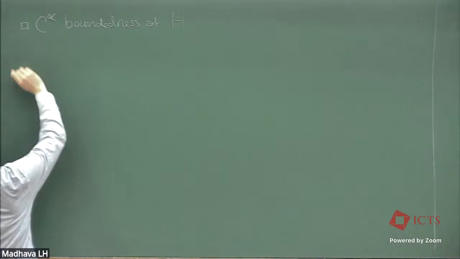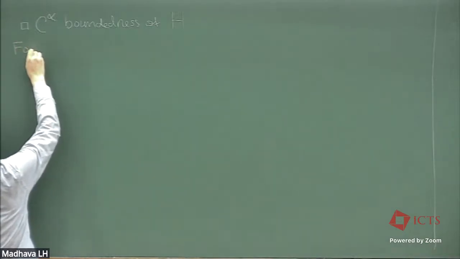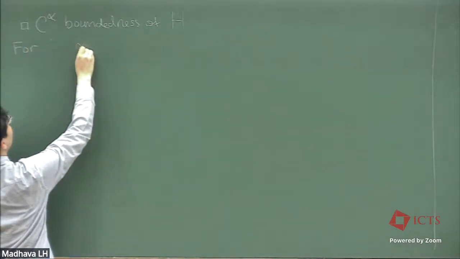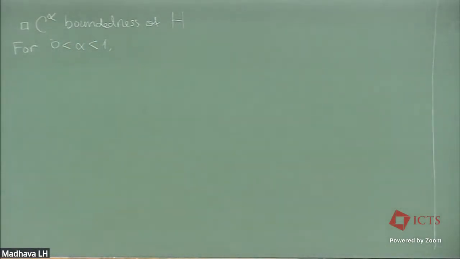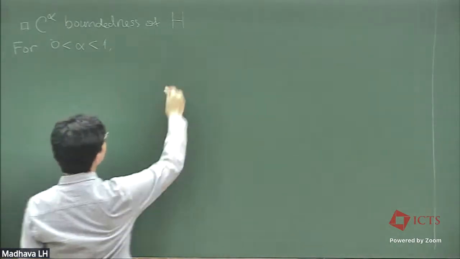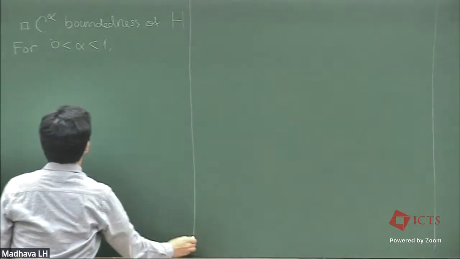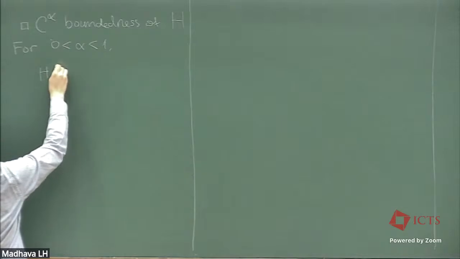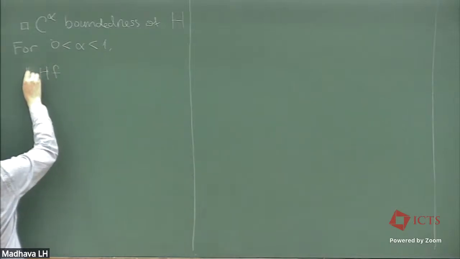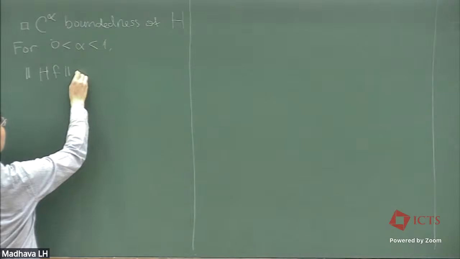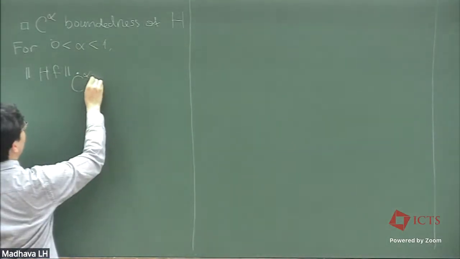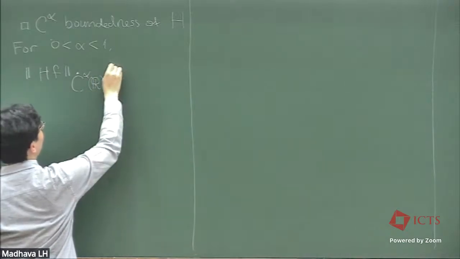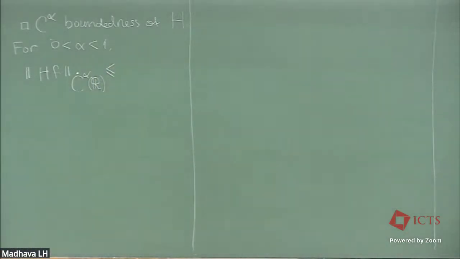The claim is that for any alpha strictly between 0 and 1, we have the Hilbert transform of F in the homogeneous C alpha in R bounded by some constant depending on alpha.